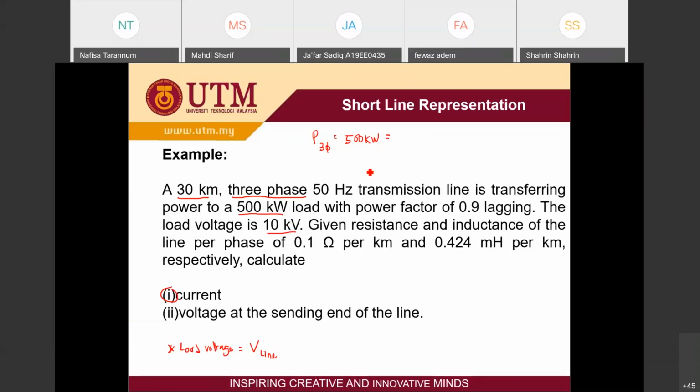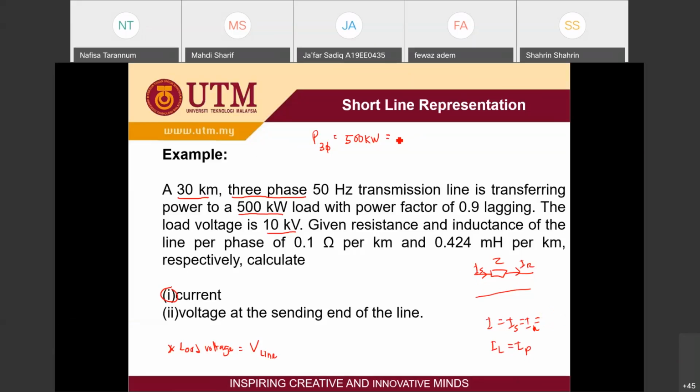Okay, so we know that for the short line, this one is your IR and this one is your IS. IS is equal to IR. In this case, I line is your I phase.